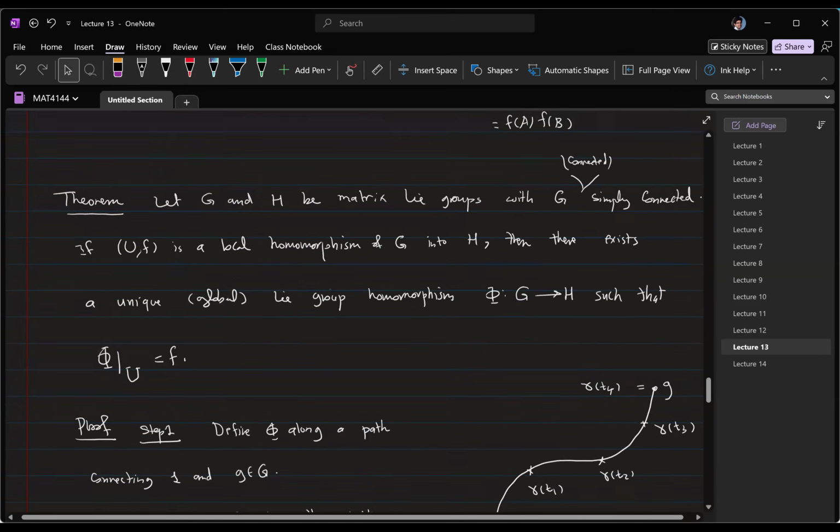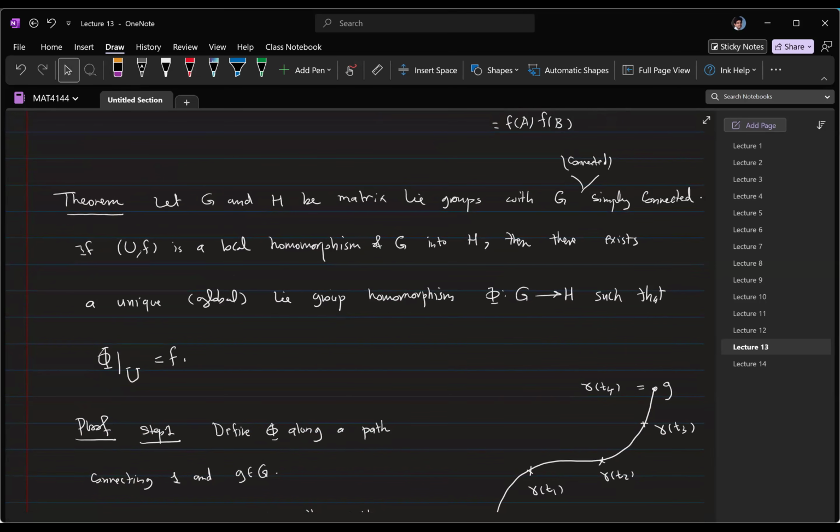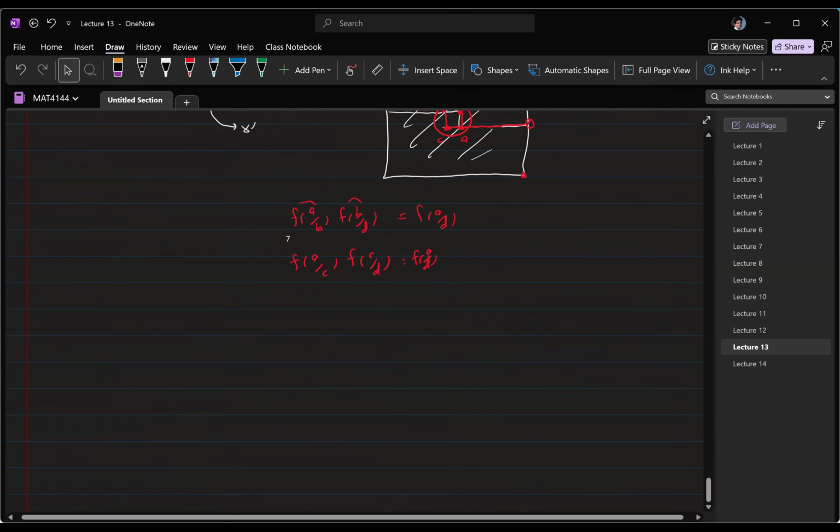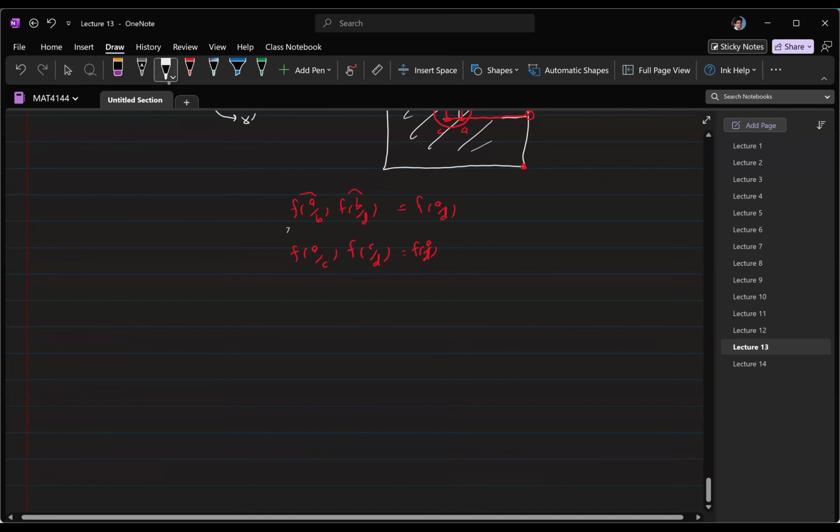And then as a consequence, we were able to show that if you have a Lie algebra homomorphism, you are able to lift it to a Lie group homomorphism whose derivative is the Lie algebra homomorphism, at least when G is simply connected.